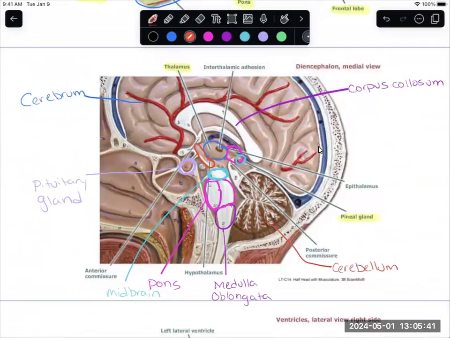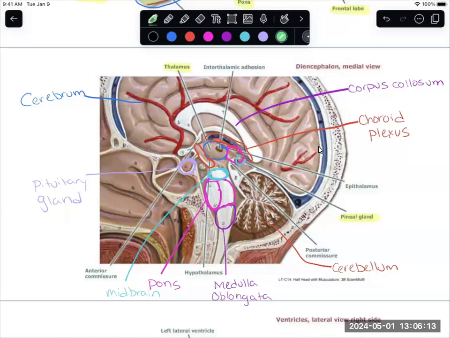We've got this area right through in here that's kind of this purplish tissue. This purplish tissue here is this choroid plexus. This is the area that makes that cerebral spinal fluid that travels around throughout the brain, around the spinal cord.